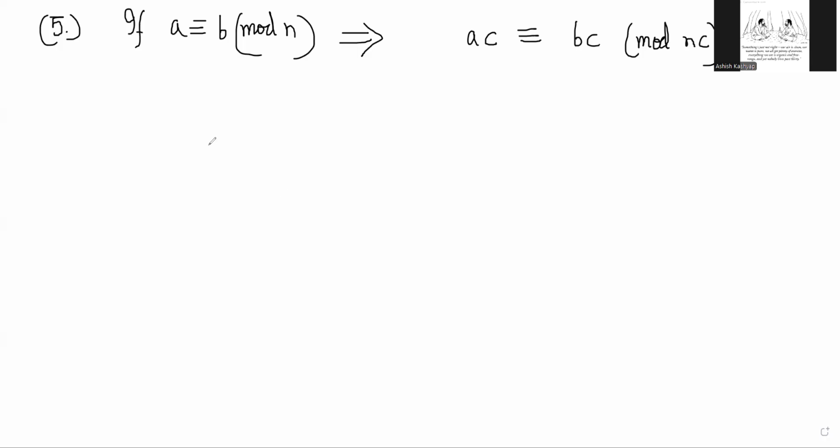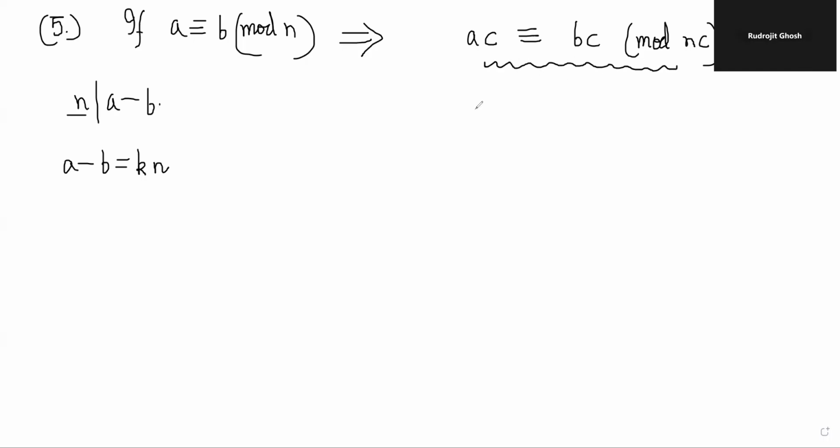Again, not very difficult. From here, what we know is n divides A minus B, right? So A minus B is equal to K times n, where K is some integer, right? Now here, we want to prove this is true. So we want to show that AC minus BC is divisible by NC.